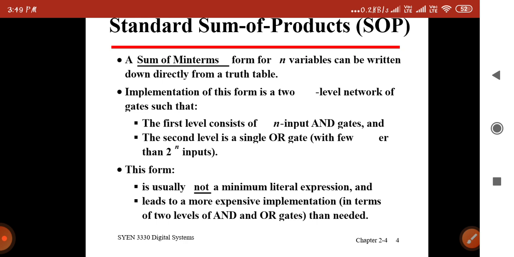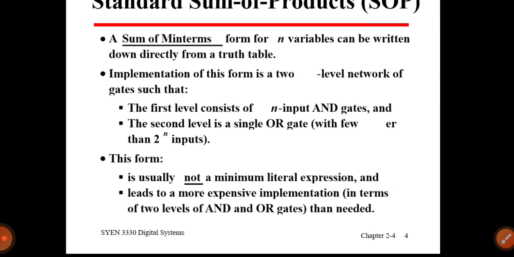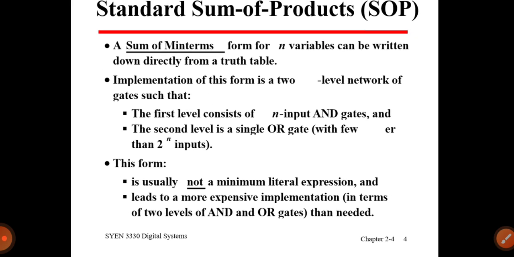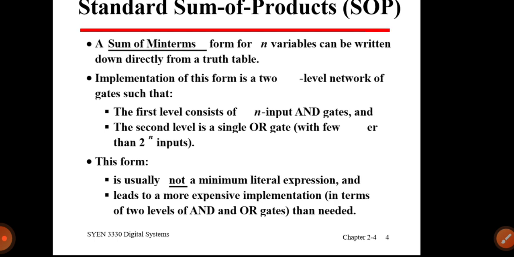Implementation of this form is a two-level network of gates, such as the first level consisting of the n input AND gates, and the second level is a single OR gate, with the 2 raised to n inputs. This form is usually not a minimum literal expression and leads to a more expensive implementation in terms of two-level AND-OR gates than needed.